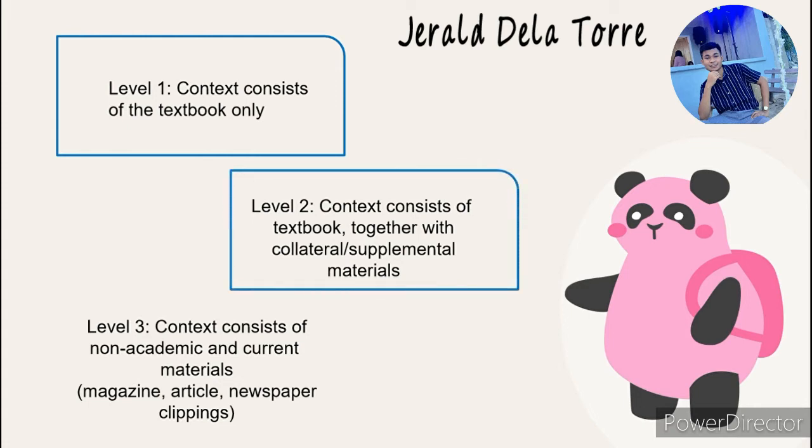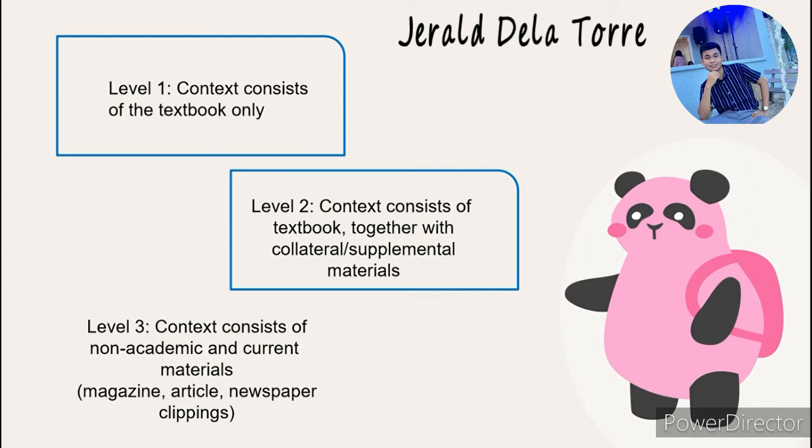Level 2. Context consists of textbook together with collateral or supplemental material. This includes wider context, more reading of expository material, and advocates more extensive reading. At this level 2, the instruction from the text is expanded to include supplementary materials for enrichment purposes.